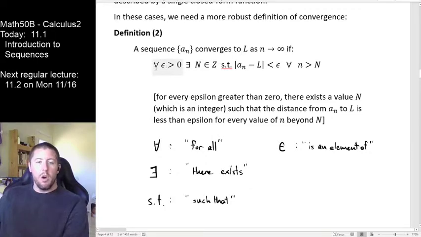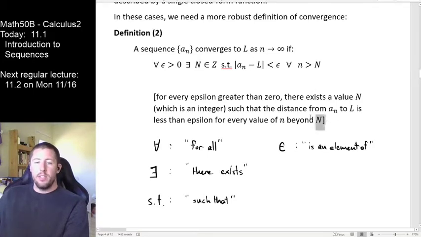So if for every epsilon greater than 0, there exists a capital N that's an element of the integers such that the absolute value of a sub n minus L, the value of convergence, is less than epsilon for every index beyond the index selected as capital N right there.